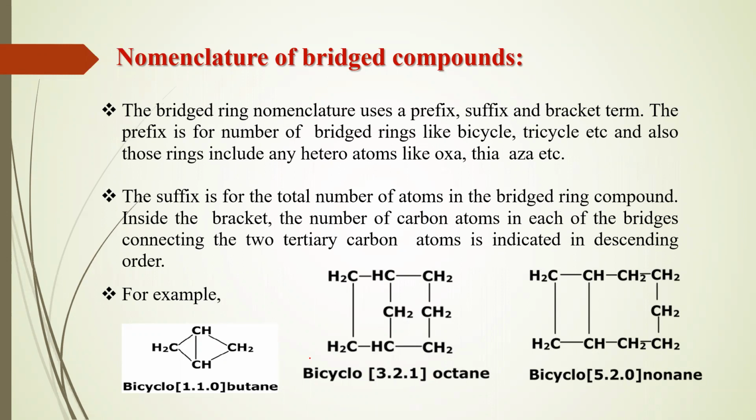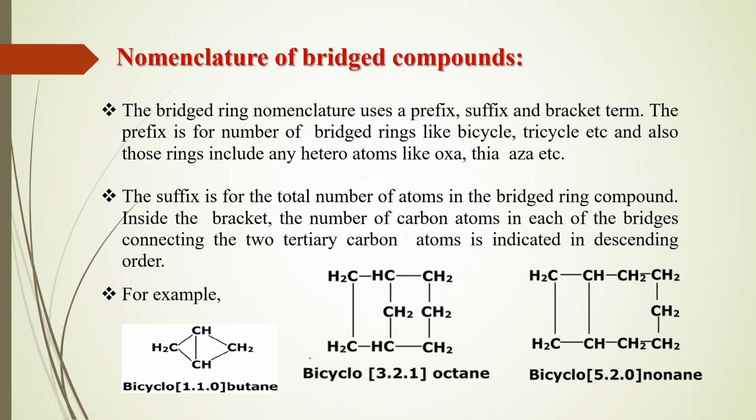First, the prefix is used for the number, like bicyclo, tricyclo, and then including the heteroatom present in a bridge ring system, therefore oxa for oxygen, thia for sulfur, aza for nitrogen. And the suffix is for the total number of atoms in a bridge ring compound.